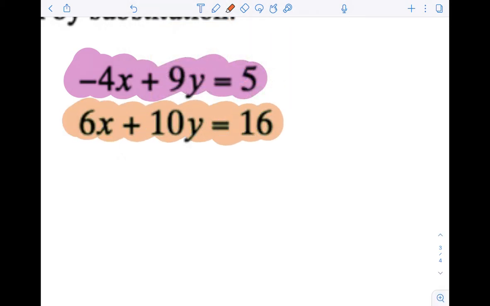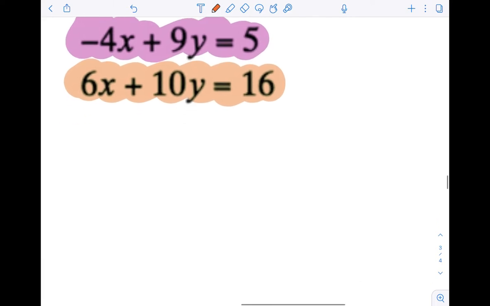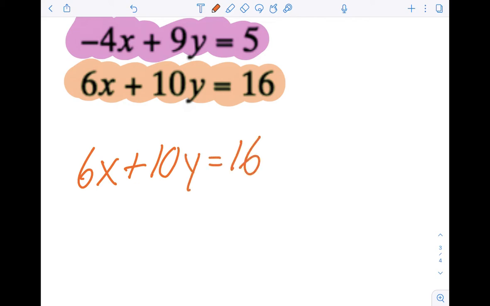Okay. What do I do? So what I'm going to choose to do is get this x by itself. So I'm going to recopy this equation here. 6x plus 10y is equal to 16.